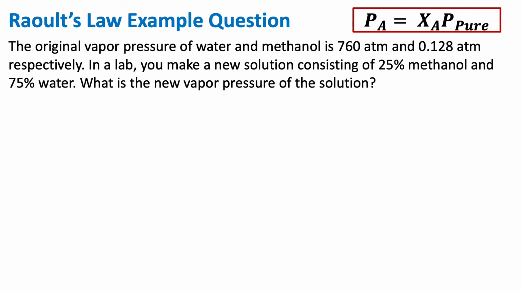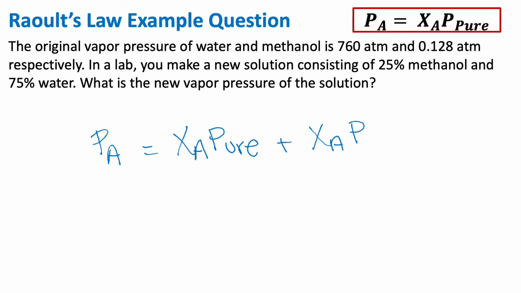This means that if we want to find the vapor pressure of a solution, we can summarize and create this new equation where we say that PA is equal to XA times P pure of the solvent, plus another XA times P pure for the solute.